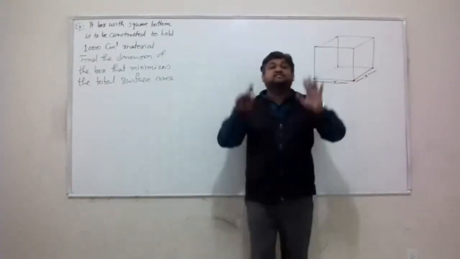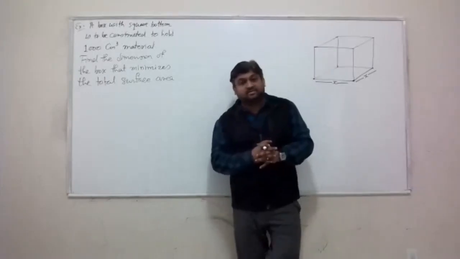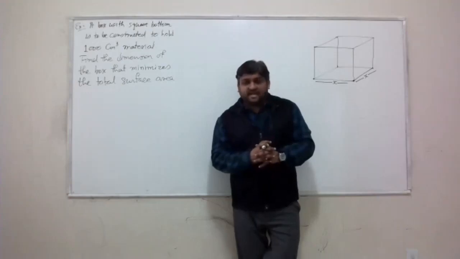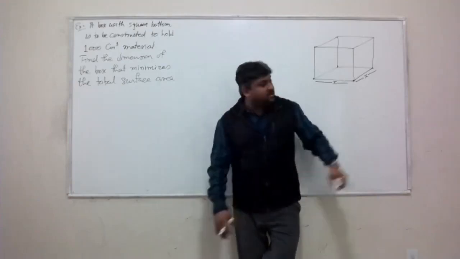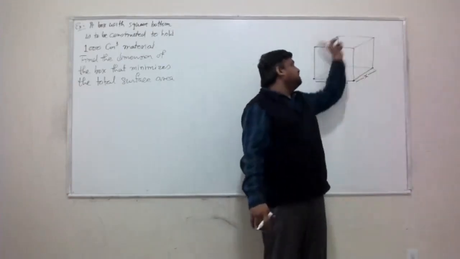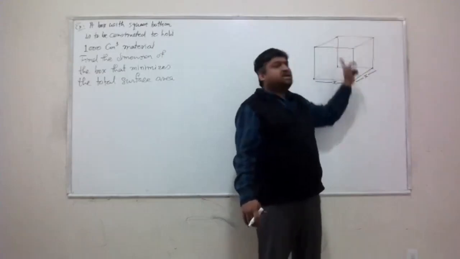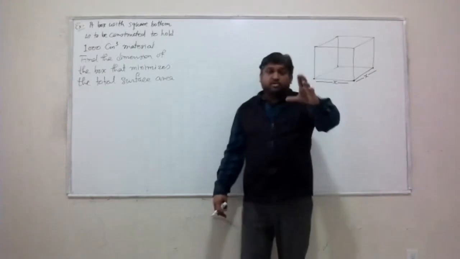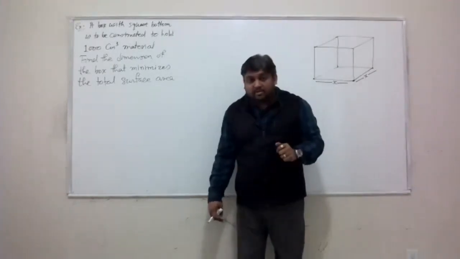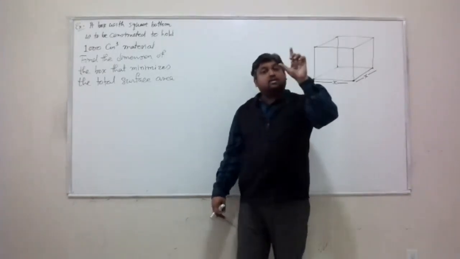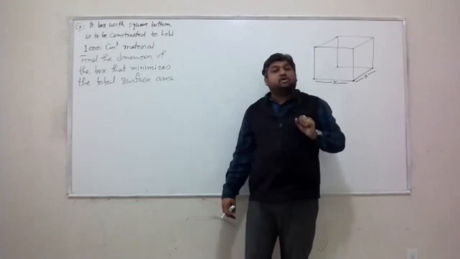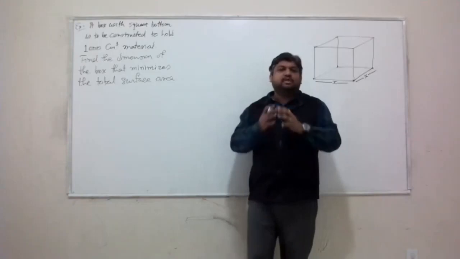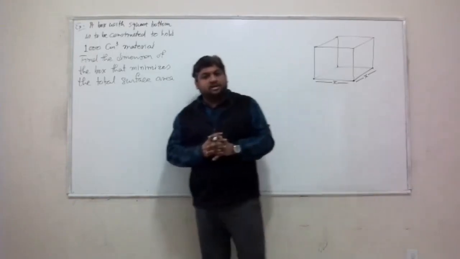Altogether, this box has 6 different surfaces, right? Minimizing surface area would really mean using less amount of material to create a box. If you use less material, it will minimize the production cost. If production cost is minimized, then the profit is max, right?